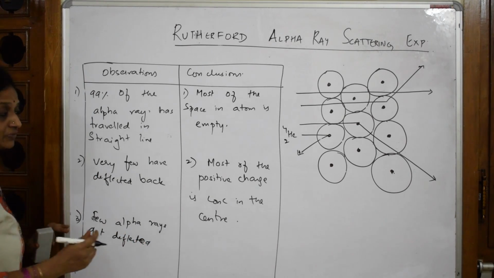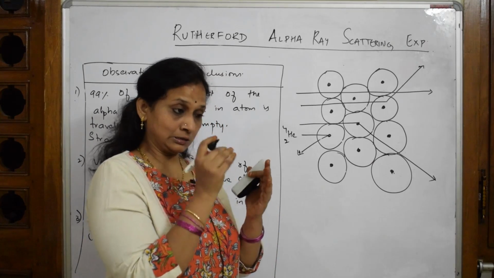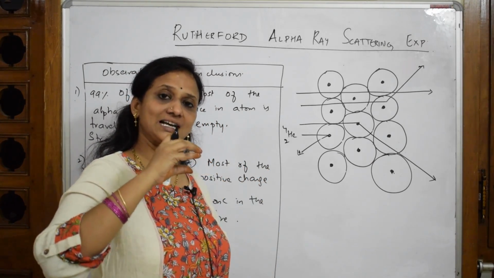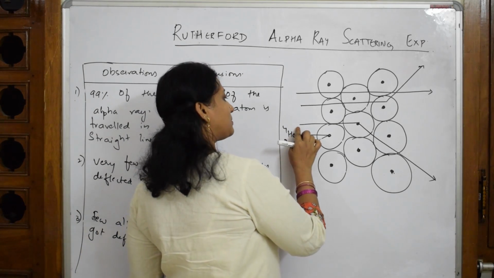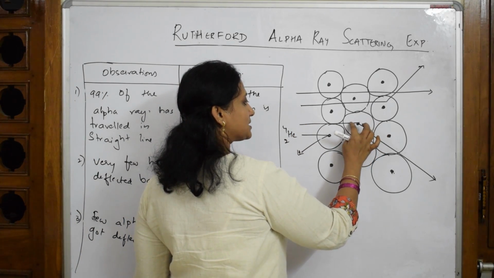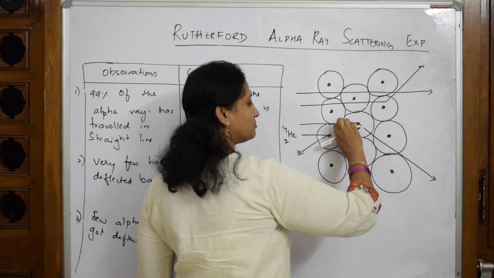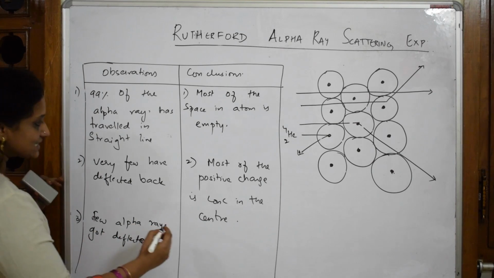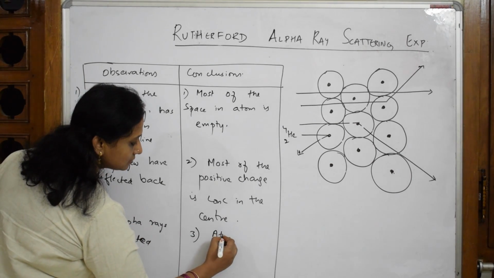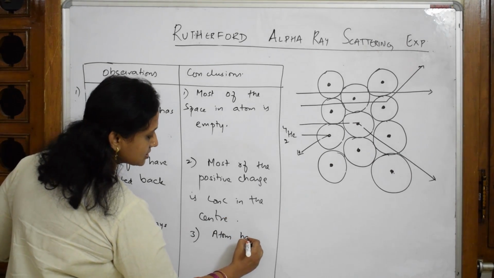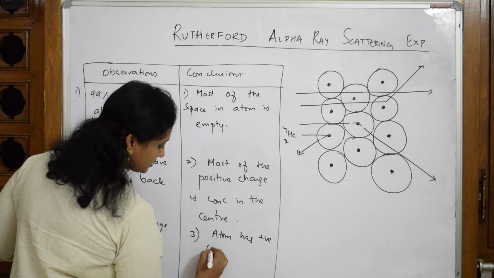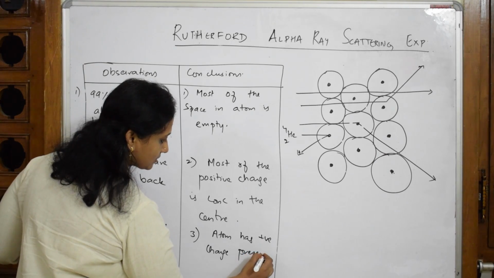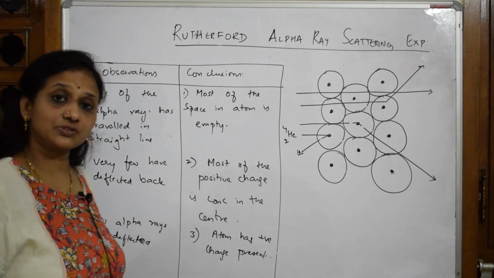I can say that the presence of this positive charge is concentrated, or it is located exactly at the center. That is where when the alpha particle hit that, the presence of the positive charge made it deflect down. So there's a little bit difference between second point and third point. Let us write. So atom has positive charge present. Right.